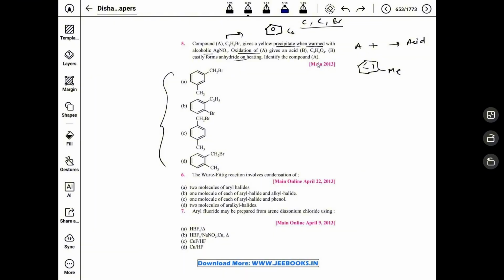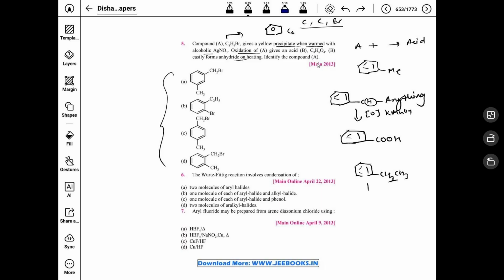But we should remember that a benzene ring having a benzylic carbon with at least 1 hydrogen and anything else attached gives a carboxylic acid on oxidation with KMnO4. This we know clearly. So if you have a methyl or ethyl group, it can be oxidized to a carboxylic acid.